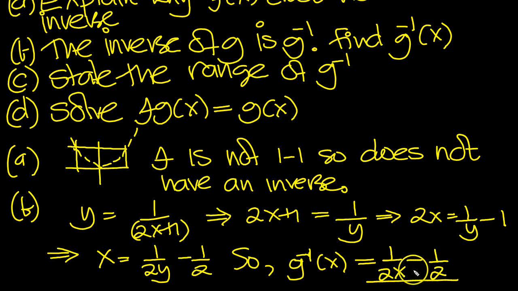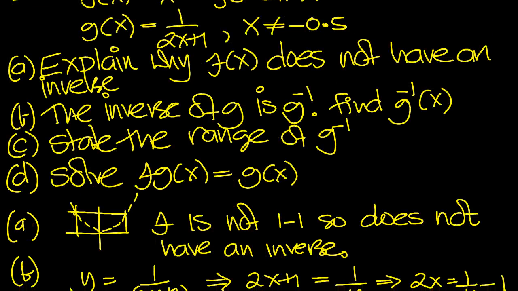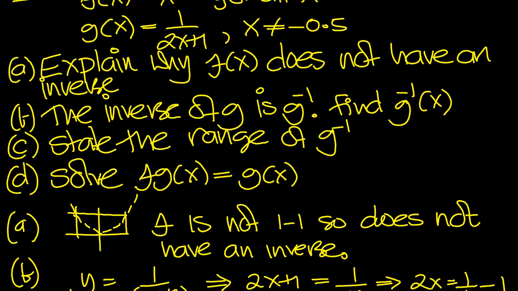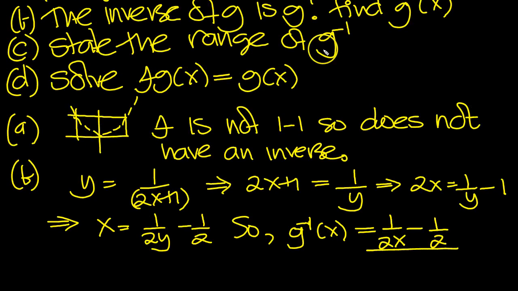It's defined on the range of g, and the range of g, if we could get that, but I don't think it's asking us for that. It's just the inverse function, find g minus 1. State the range of g minus 1 then, which is going to be the domain of g. So what is the domain of g?